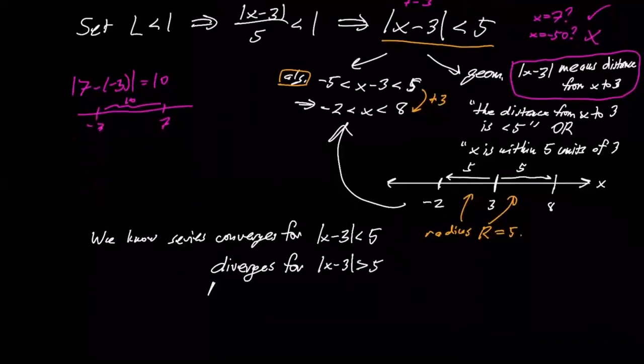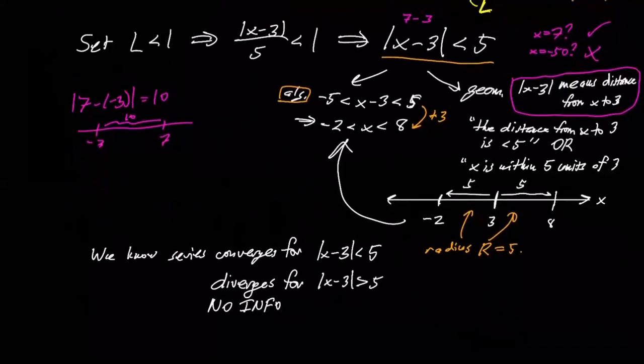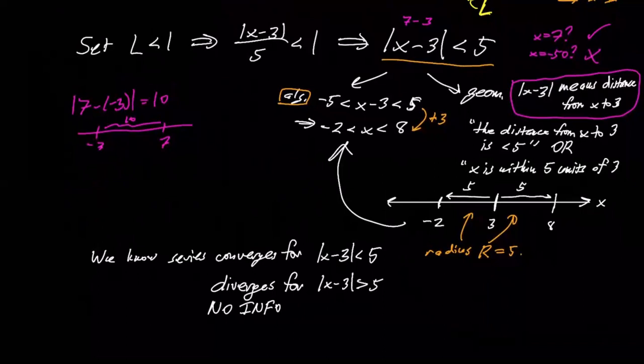And we get no info, because again, I'm just looking at the value of L. This is our L. This expression will be greater than 1 when the numerator is bigger than the denominator. So that's where I'm getting x minus 3 greater than 5. And we get no info if the absolute value of x minus 3 equals 5.